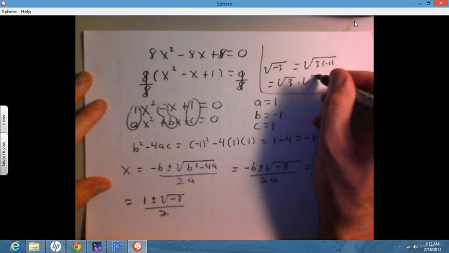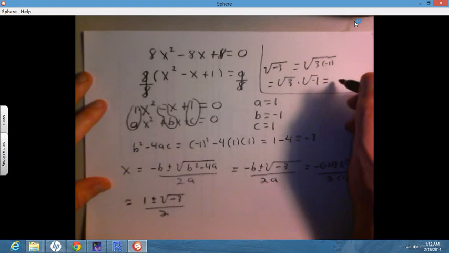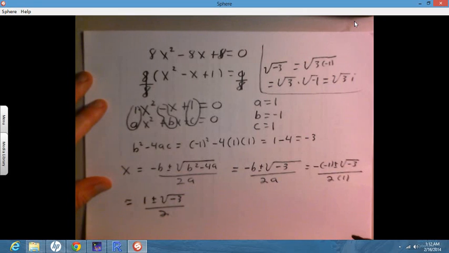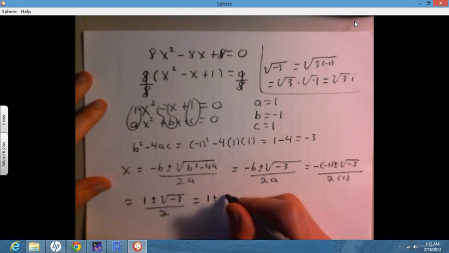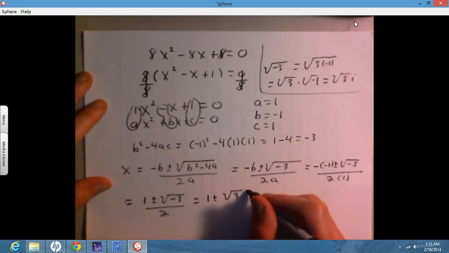But the square root of negative 1 is i, so this is going to be equal to the square root of 3 times i, my imaginary number i, right? i is defined in the book as the square root of negative 1. And so this is going to equal 1 plus or minus the square root of 3 times i divided by 2.